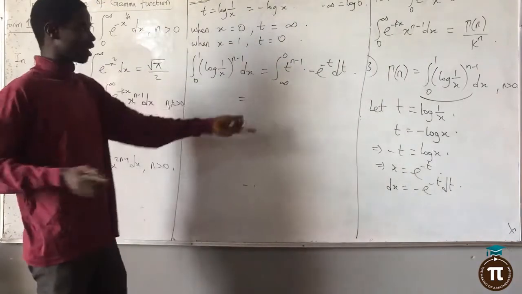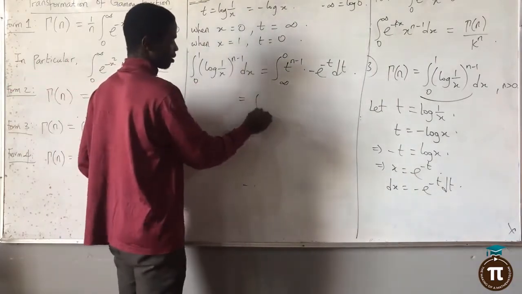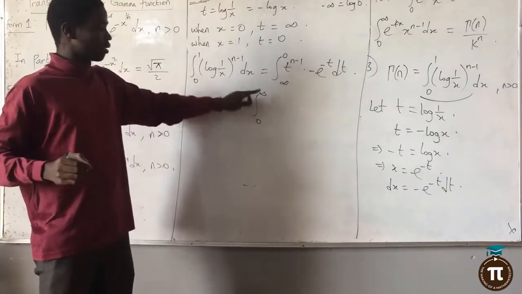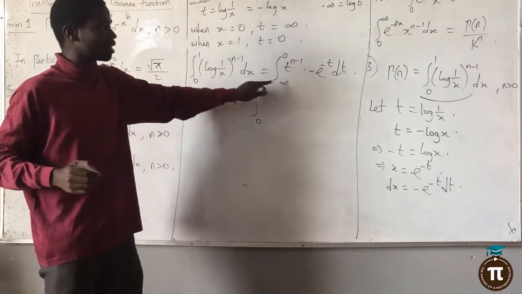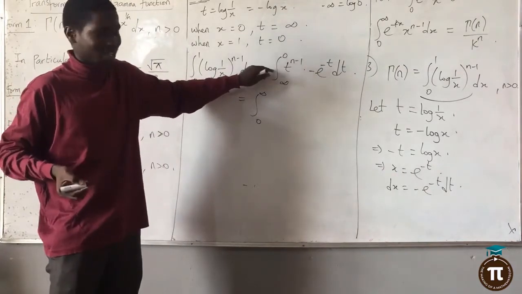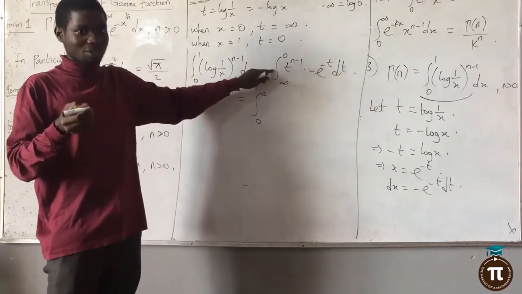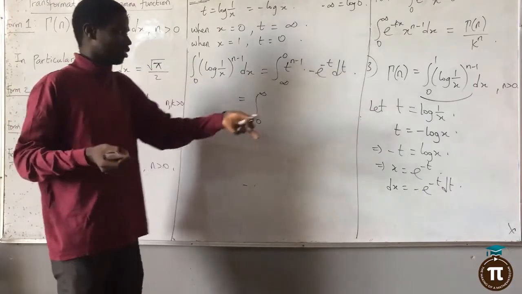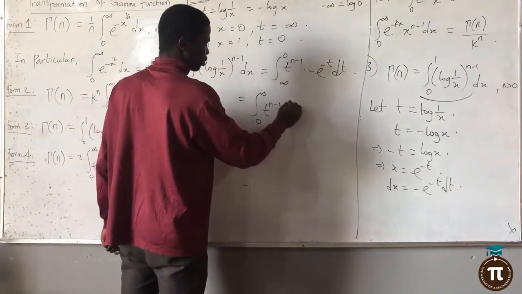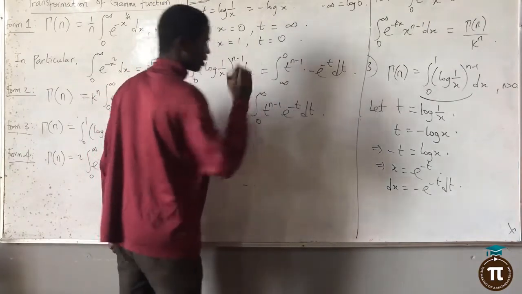So I swap the integral, I swap the bound rather. When I swap the bound, that will become from 0 to infinity. Then you put another negative outside, and negative times negative will give you positive. So you'll be left with t raised to the power of n minus 1 e raised to the power minus t dt.